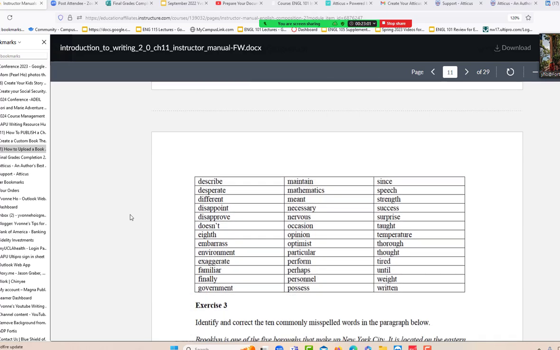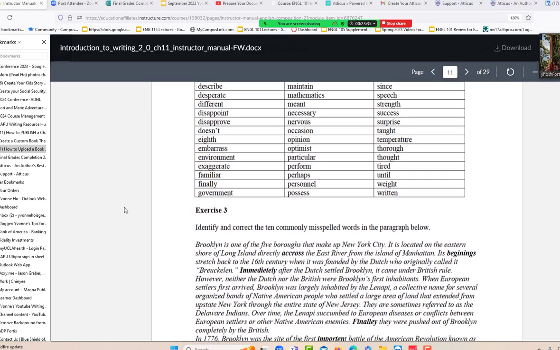Describe, desperate, different, disappoint, disapprove, doesn't, eighth, embarrass, environment, exaggerate, familiar, finally, government, maintain, mathematics, meant, necessary, nervous, occasion, opinion, optimist, particular, perform, perhaps, personnel, possess, since, speech, strength, success, surprise, taught, temperature, thorough, thought, tired, until, wait, and written.